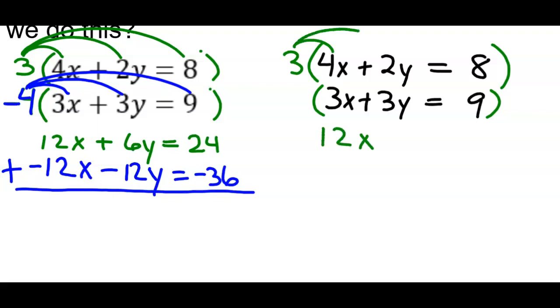12x. 3 times 2 is 6y. 3 times 8 is 24, right? What am I going to multiply this one by? So this is a 6, right? What do I want that to be able to cancel them? -2.